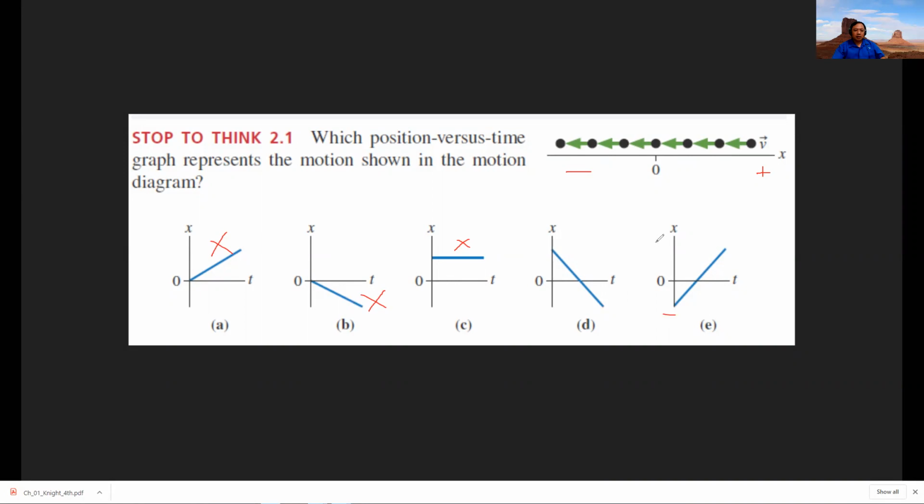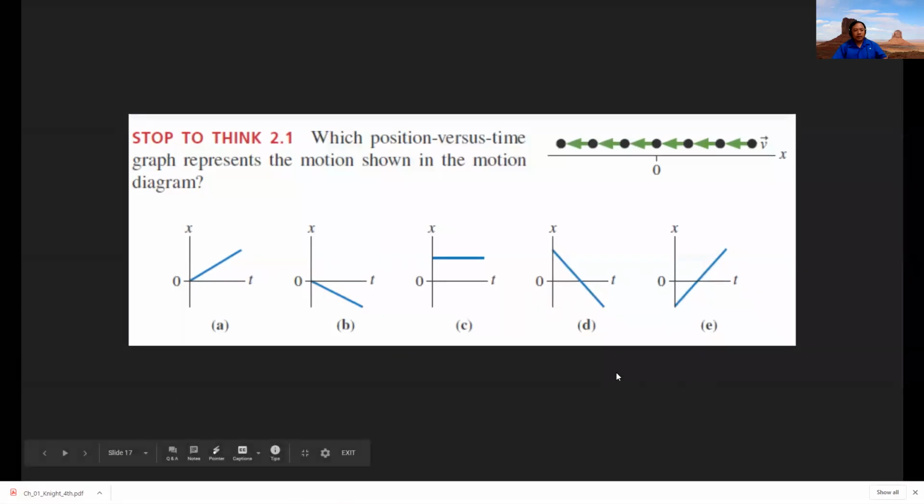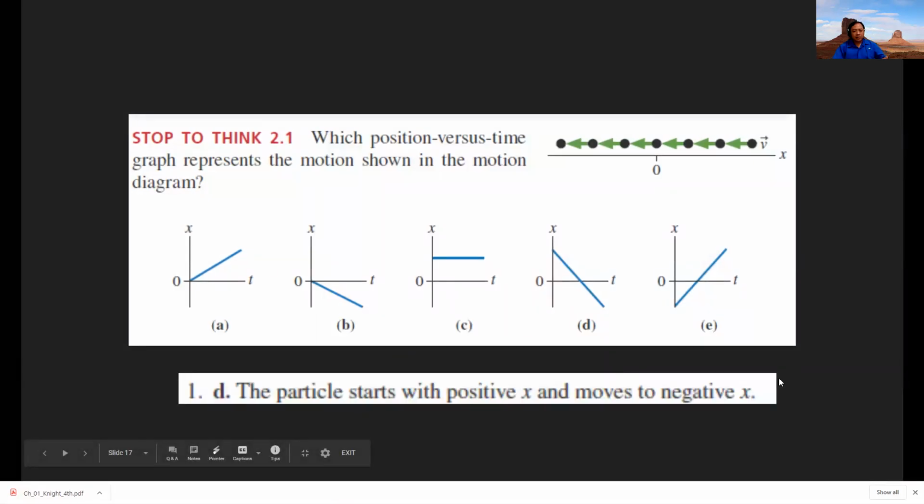This is the positive x here. Therefore, letter D is the correct answer, because you take note of where the object has started. The particle starts with positive x and moves to negative x.